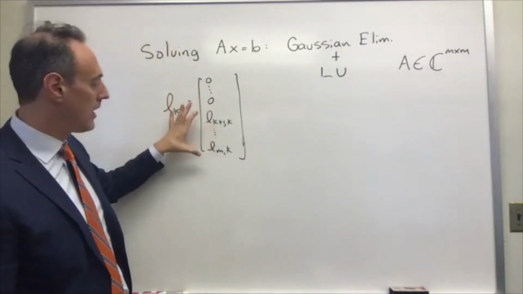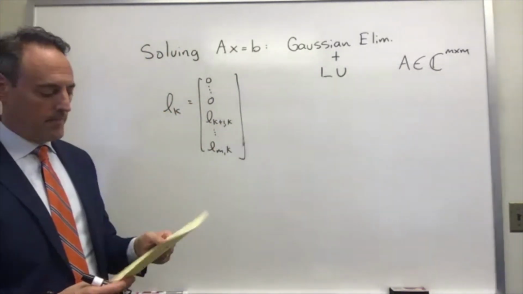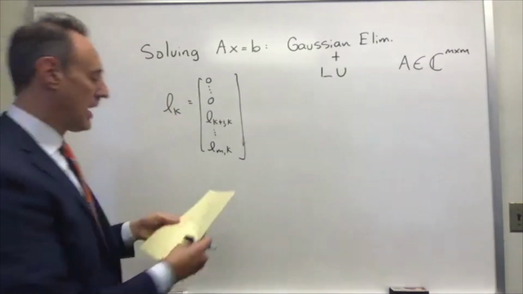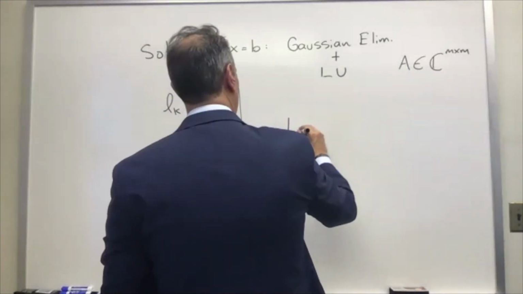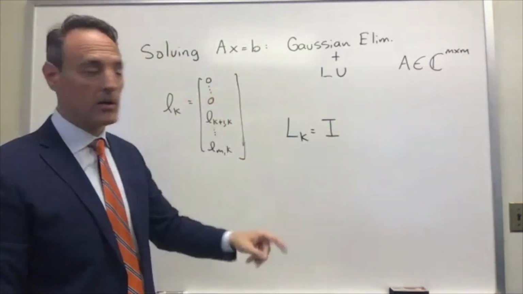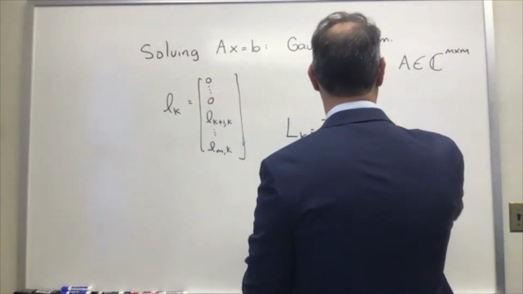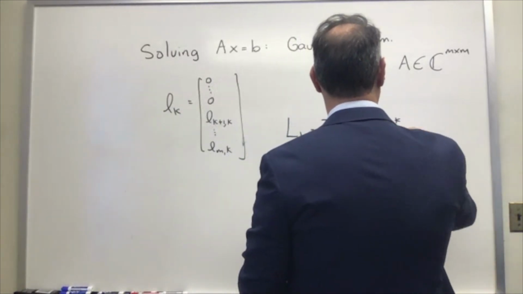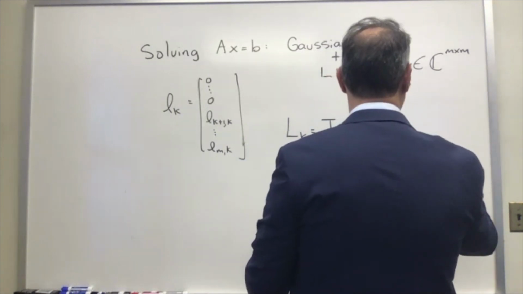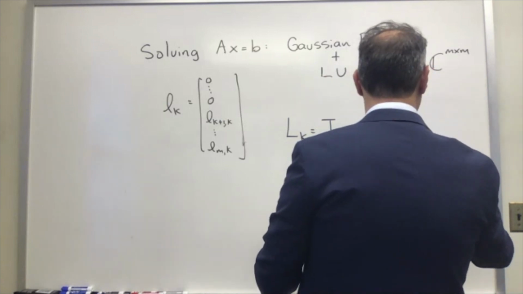Okay, so zeros everywhere until below the diagonal term. So the matrix L_K is going to be defined as follows. This is capital L_K. It's going to be the identity. Remember, I had ones all on the diagonal. So it's going to have the ones on the diagonal minus this here, which is l_K times e_K star. And this here is the unit vector in the kth direction.